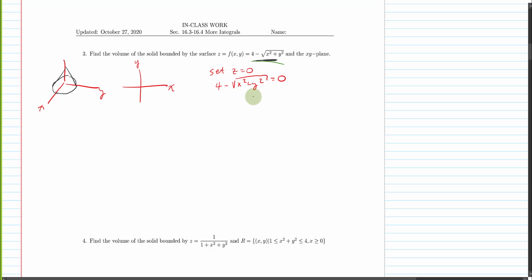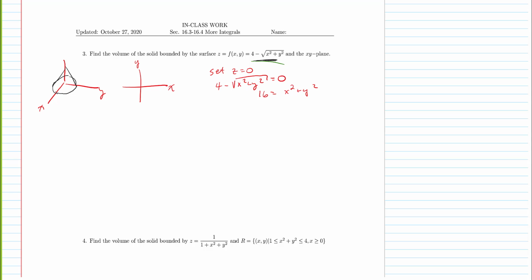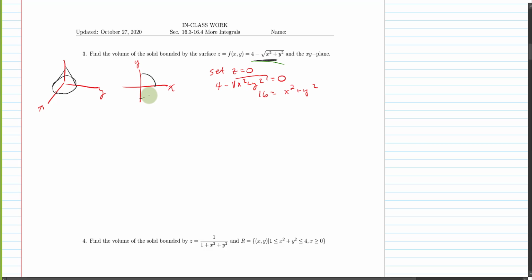So if I solve this, I'd have 16 is equal to x squared plus y squared. So in the xy plane, this is just the circle x squared plus y squared equals 16, and so our region R is that solid disk.